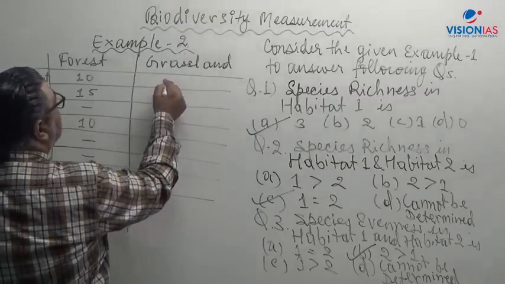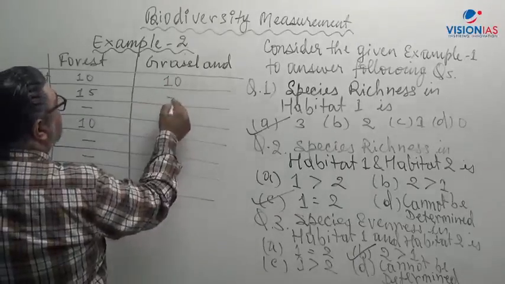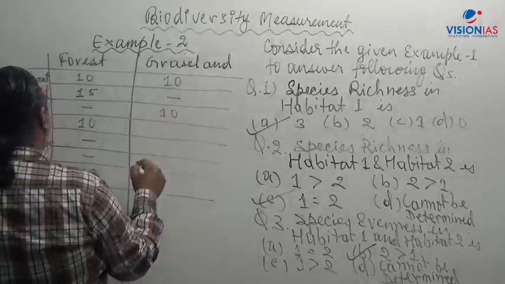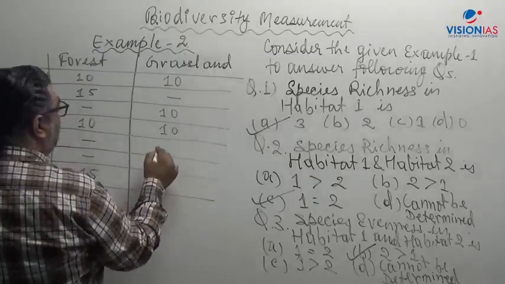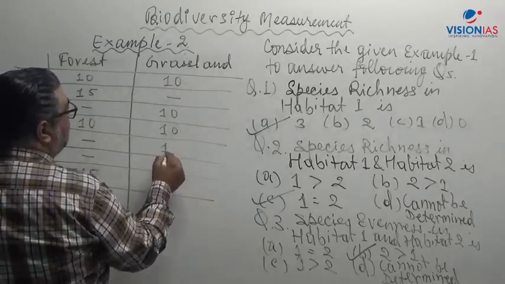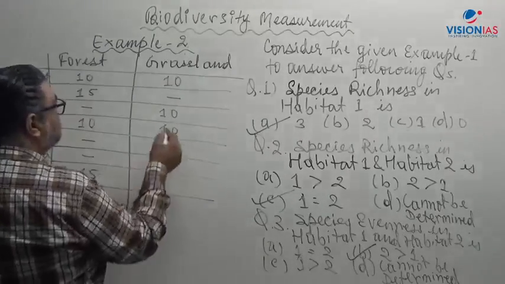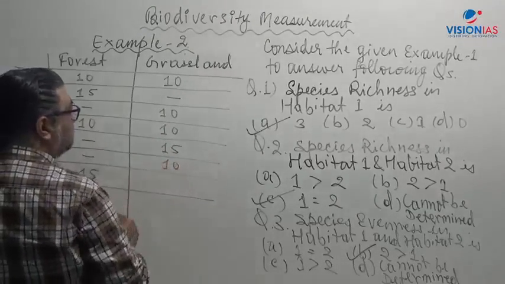Elephant is here, 10 elephants, all right. There is no leopard. There are 10 tigers, right? Then you have 10 langurs, all right. Then you have 15 flamingo, all right. And then I am giving 10 hyena, all right.